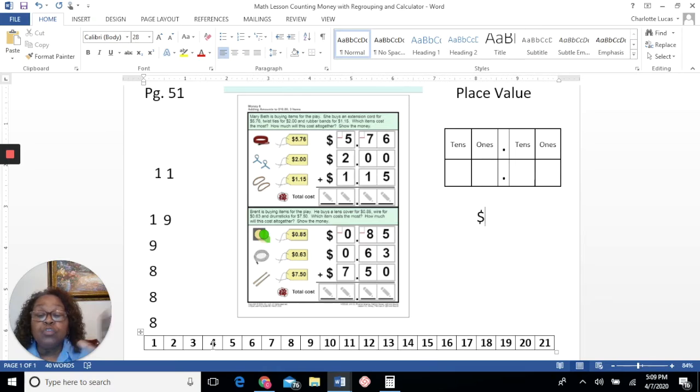But in order to add 4 to 9, I have to move first before I start counting. So if I start on 4 and add 9 more, move and say 1, 2, 3, 4, 5, 6, 7, 8, 9. 4 plus 9 will be 13. Excellent. Let's try one more.